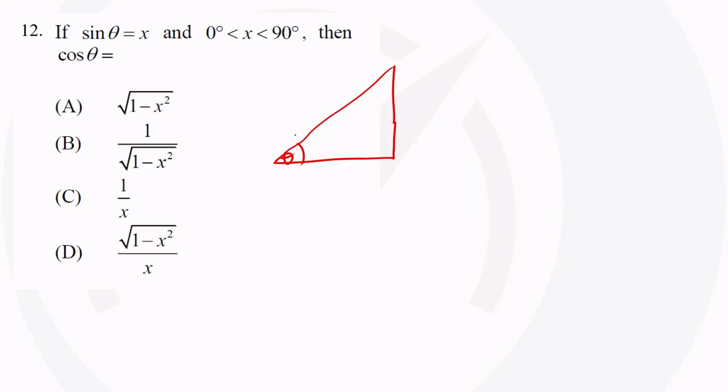So we know that sine would be opposite over the hypotenuse. Here would be the right angle. Therefore, the opposite side would be x, because it says sine theta is x. So opposite over the hypotenuse would be x over 1. So sine theta is equal to x.